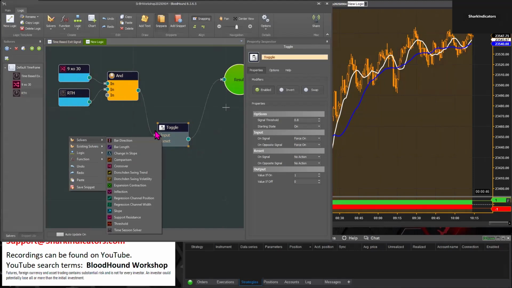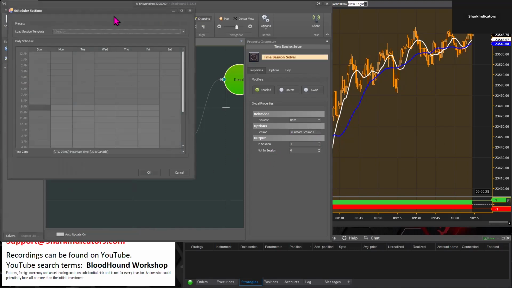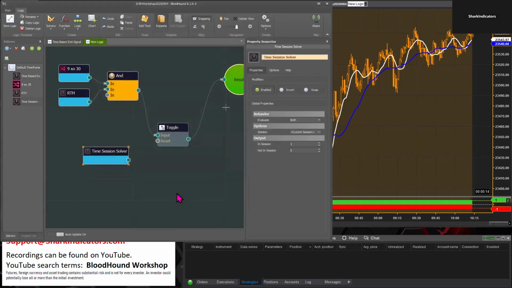And also, if we're going to reset the toggle node at basically the end of the day, I need another time session solver to identify that time of day. All right, I'm just going to create a 1 hour block of time here, like so.